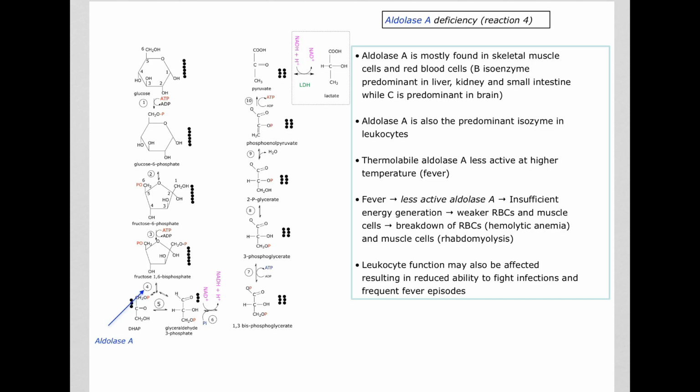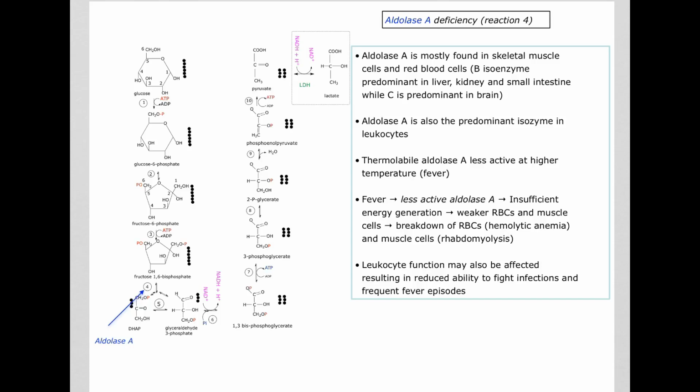So in these individuals, when they have an infection, their leukocyte function may be affected because the aldolase A in the leukocyte is not very active, so the leukocyte cannot generate much energy, and so its ability to fight the infection is reduced dramatically, and this leads to very frequent occurrences of fever.